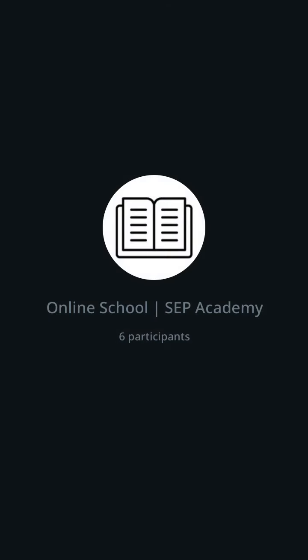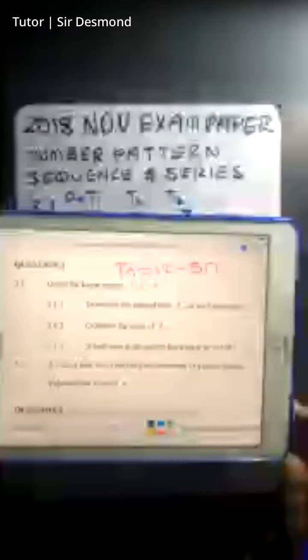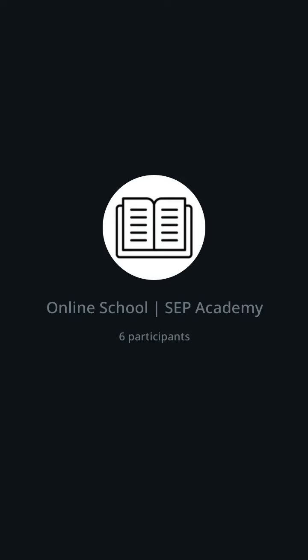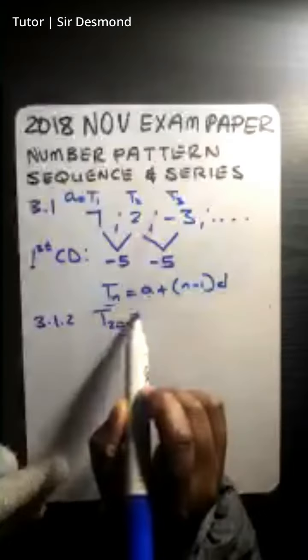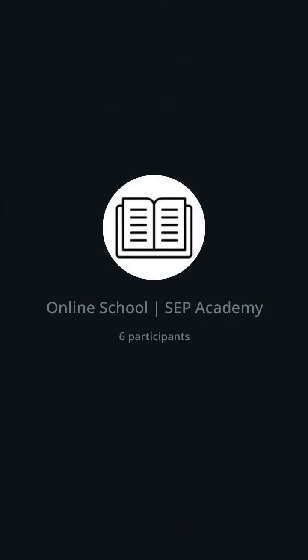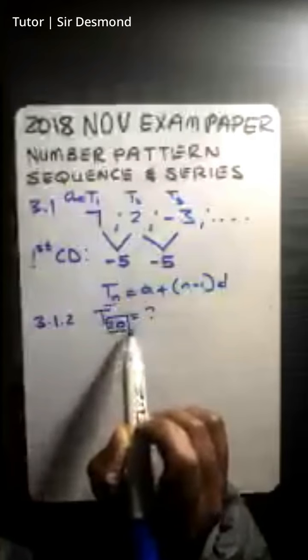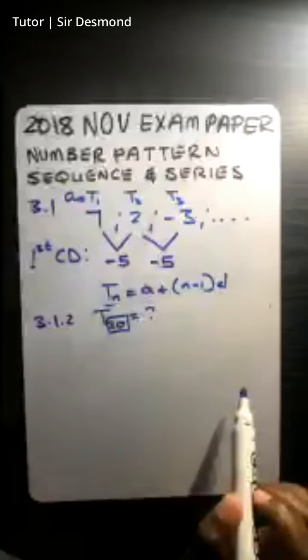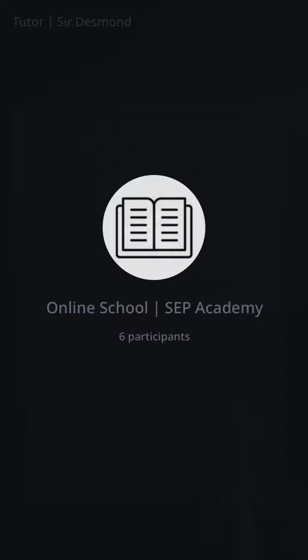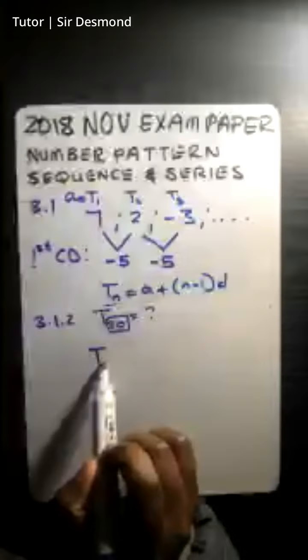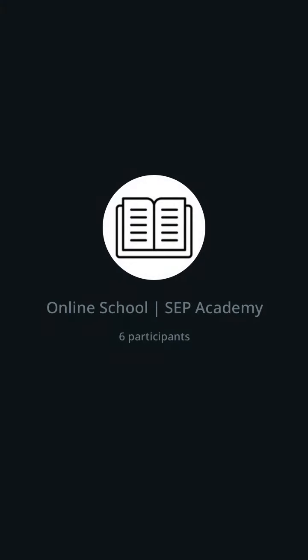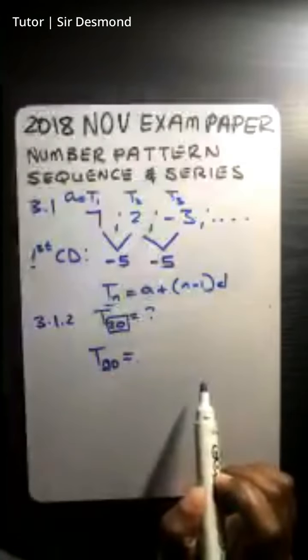So now let's have a look at the second question. It says calculate the value of T20. Easy. They just want you to calculate T20. So can you see, in place of n, they just substituted 20, which means in the general formula that you got previously, you just substitute 20 wherever you see n.